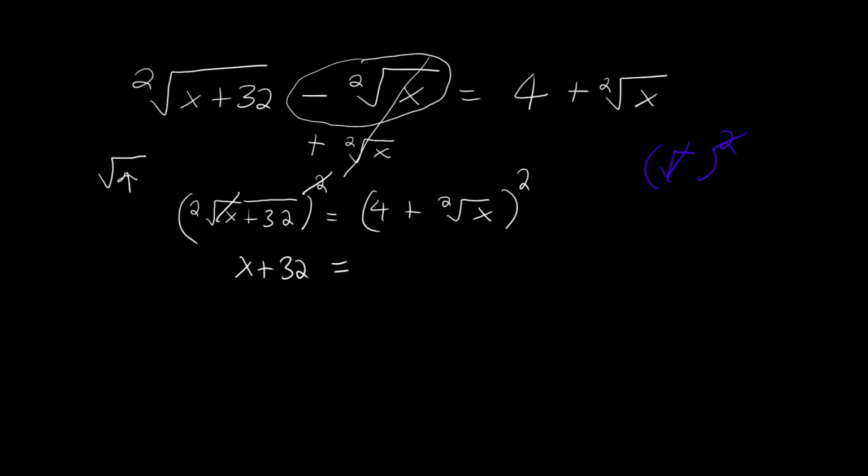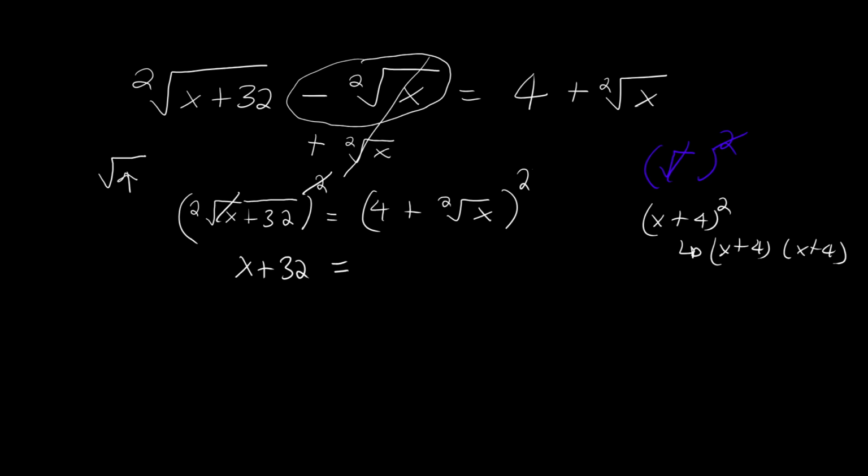For example, if you have x plus 4 squared, this doesn't mean x squared plus 4. This is wrong, okay? What this means is that you FOIL. This means x plus 4 times x plus 4.